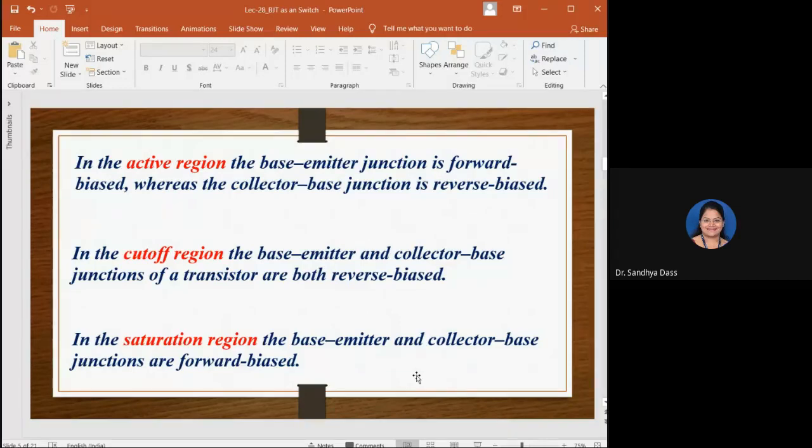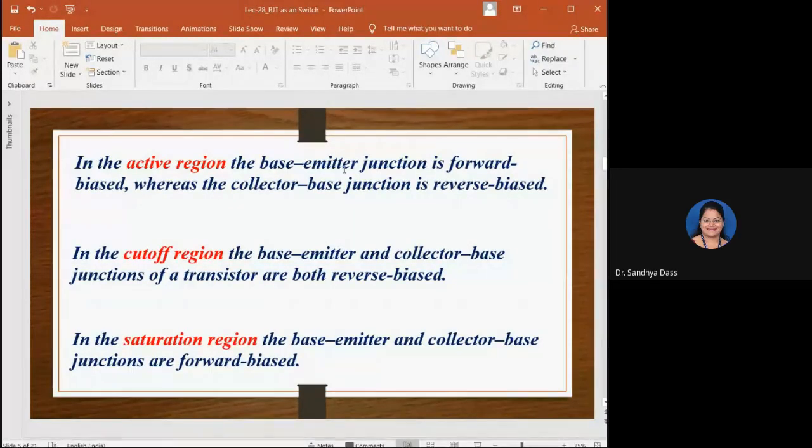There are three important points that you have to understand here. When we say the BJT is operating in the active region, recall the biasing part, how we bias the device.